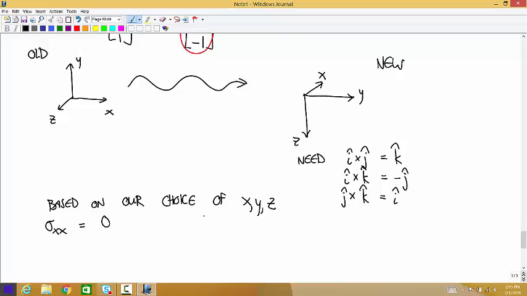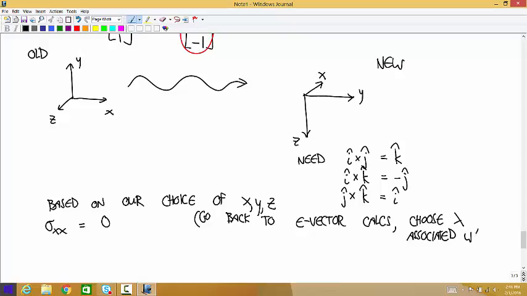So what you're going to do is go back to the eigenvector calculations and choose the lambda associated with each axis.